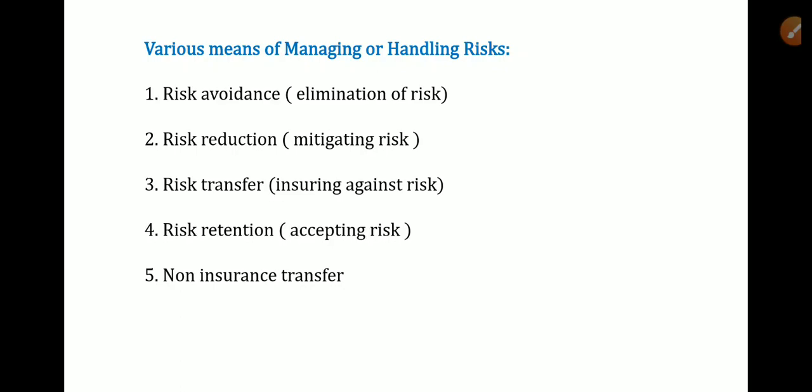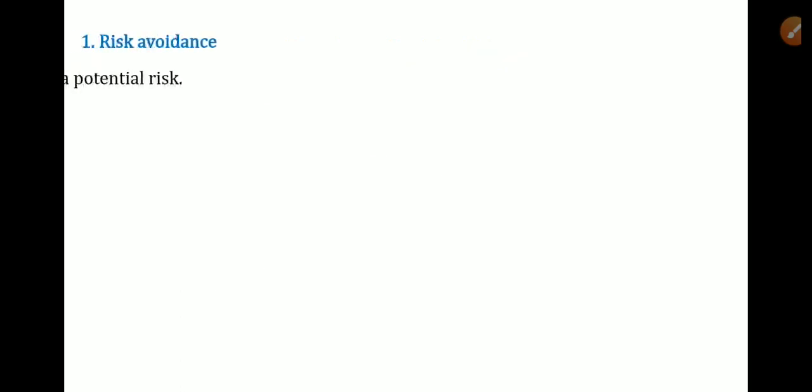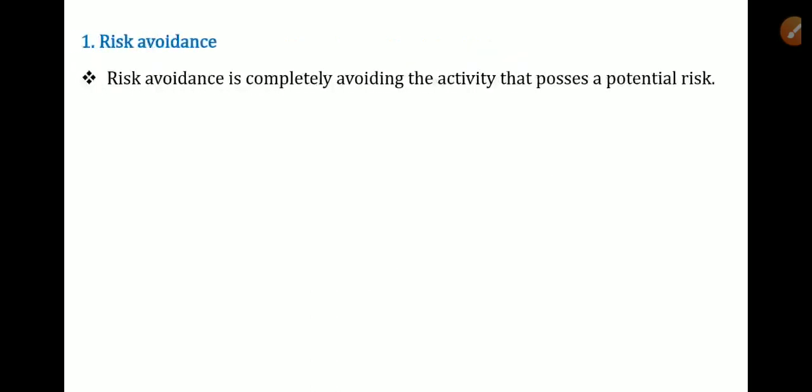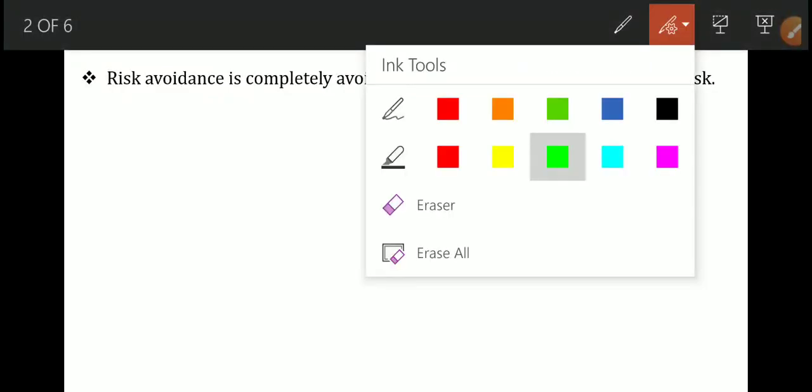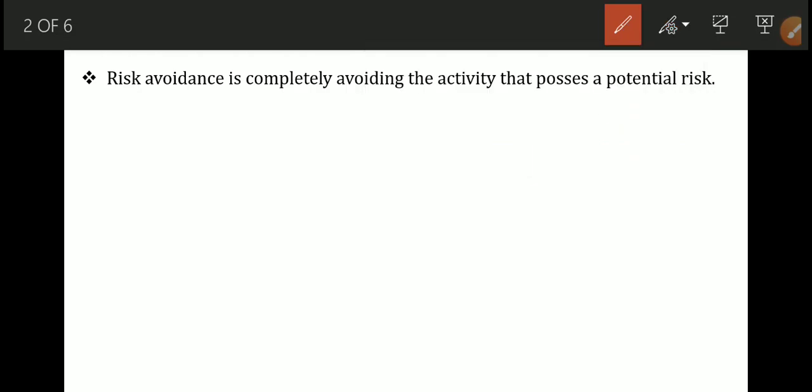First one is risk avoidance. Here risk avoidance is completely avoiding the activity that poses a potential risk. The person is not going to participate in an activity in which that person is going to incur a loss.